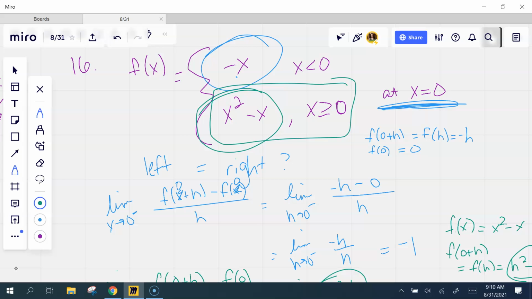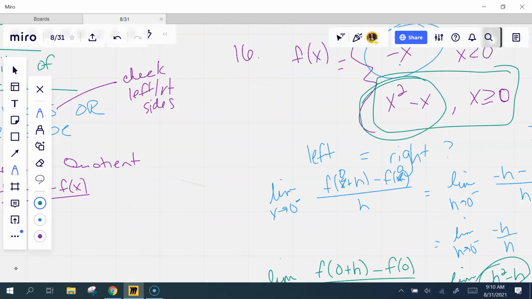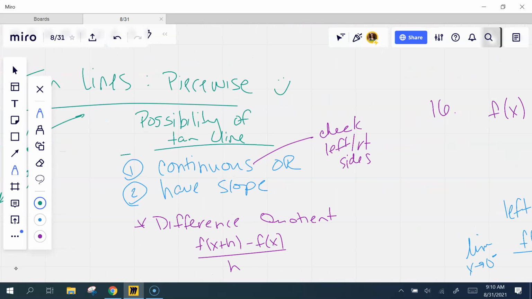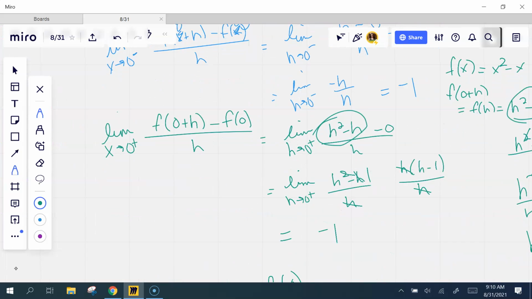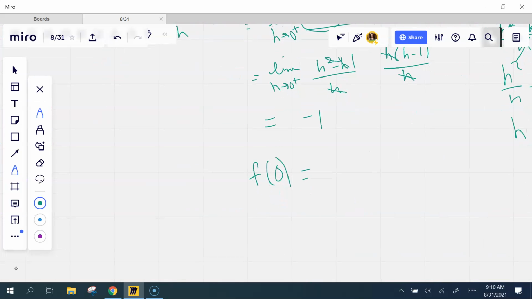Okay, but what is it? Remember what I told you? Yeah, I know. That's why I was saying. Oh, yeah. So it does have a slope, because the left and the right side match.